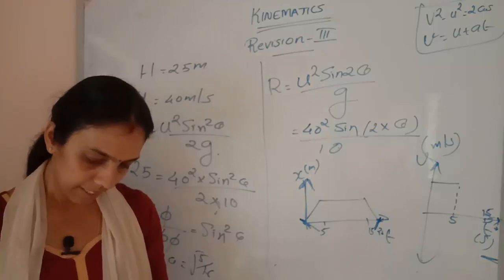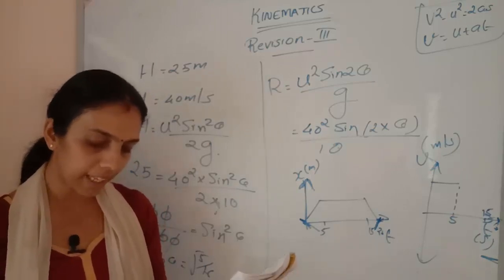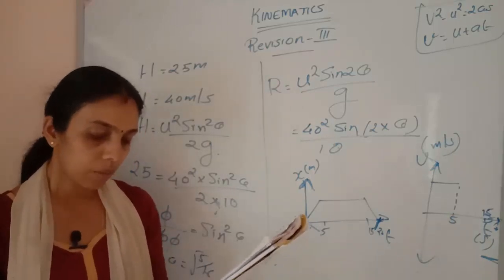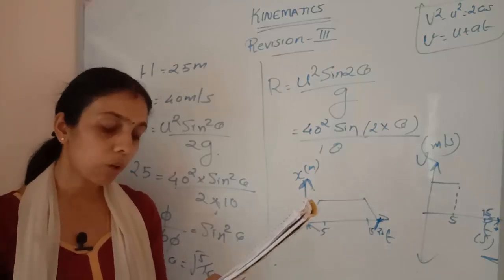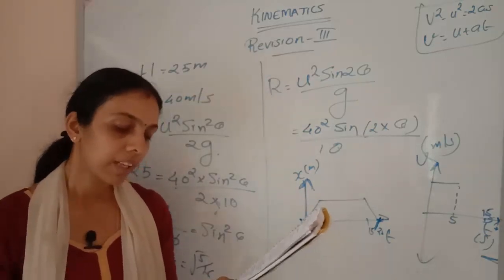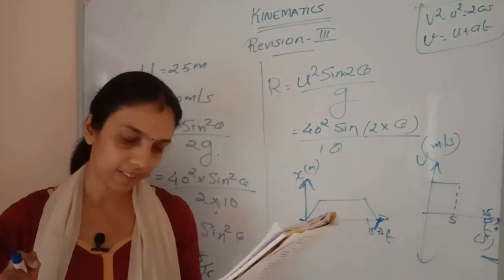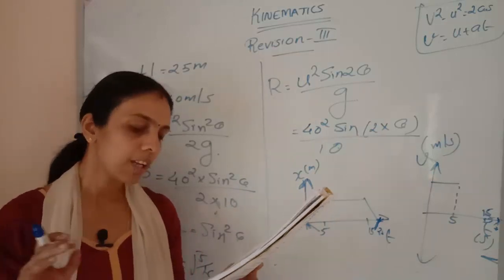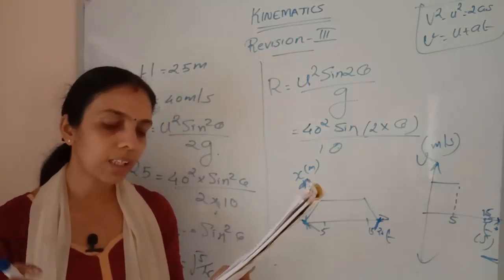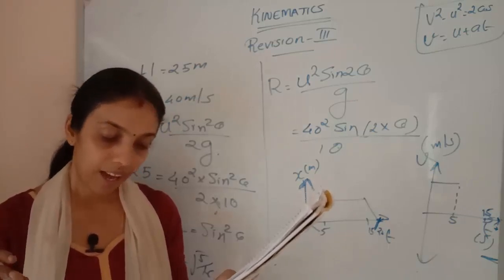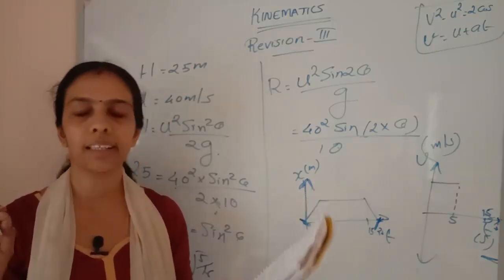Okay, so the next one is, when brakes are applied on a moving vehicle, it stops after traveling a distance. The distance is called stopping distance. Write an expression for stopping distance in terms of initial velocity u and retardation a.